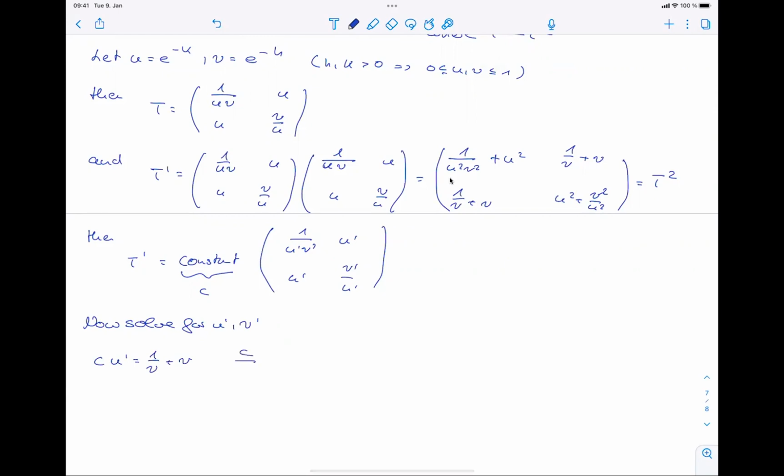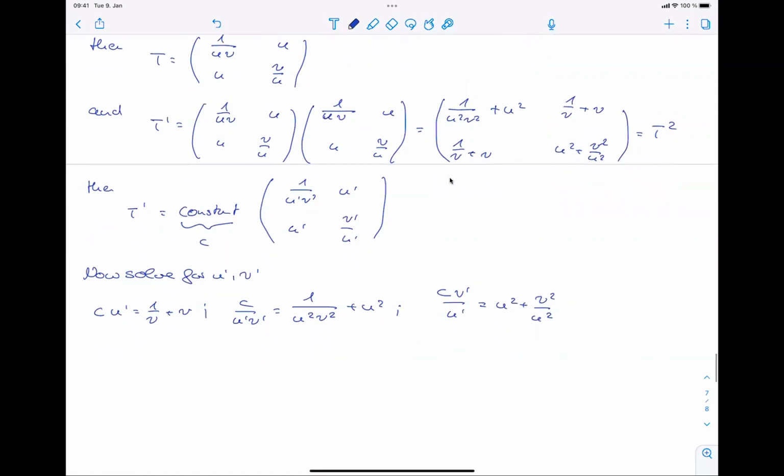We have c over u prime v prime is 1 over v squared plus u squared. And we have c v prime over u prime is u squared plus v squared over u squared.